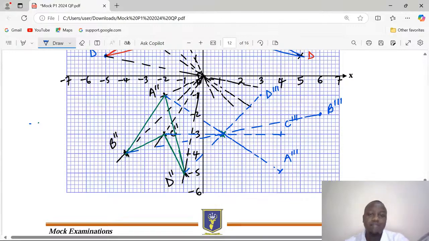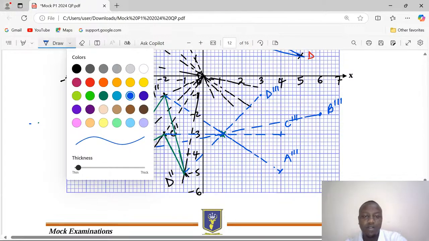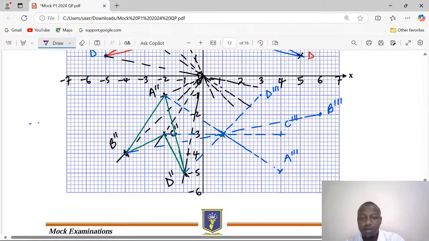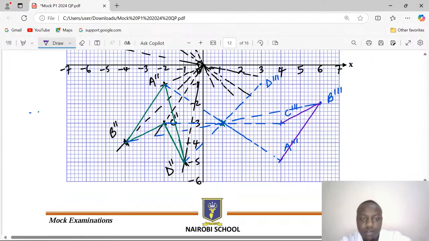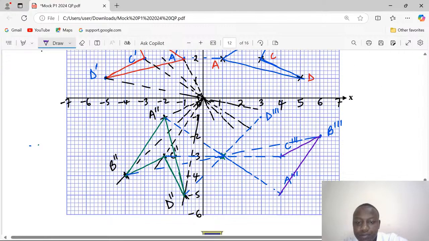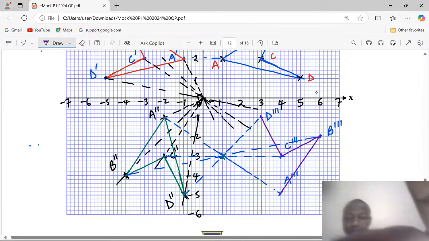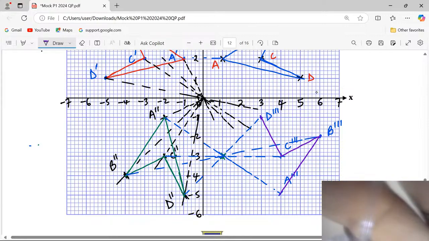So now we can have the construction, whereby A is connected to B, then B to C, then C to D, and finally D to A to complete the diagram.